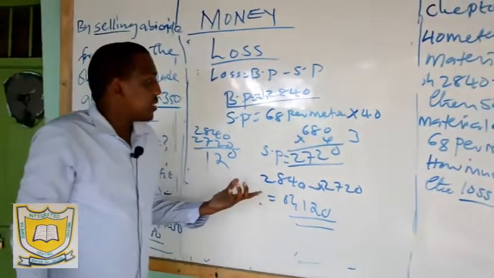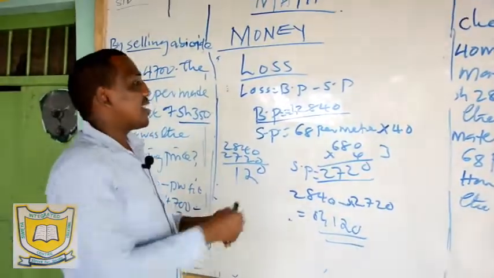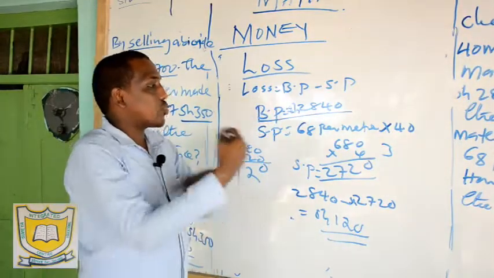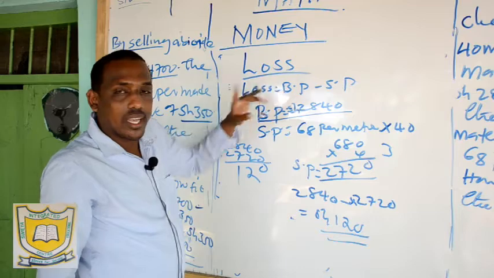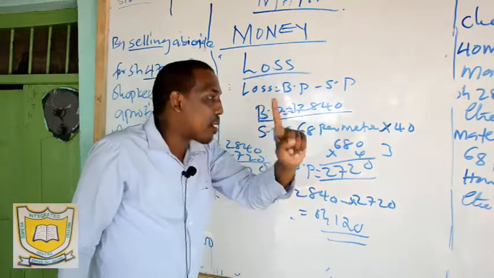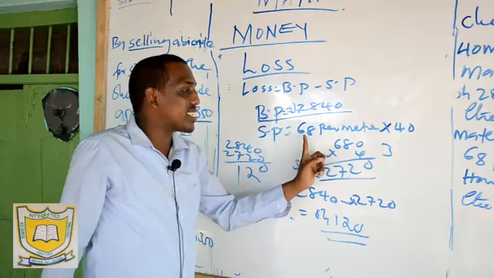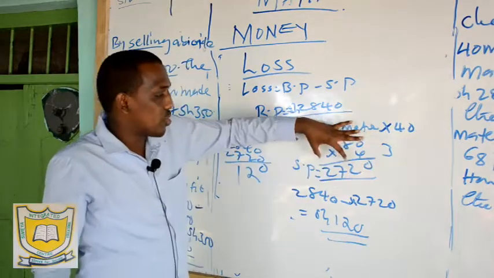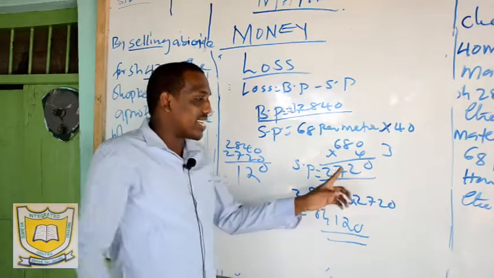Because initially this person bought 40 meters at shillings 28.40. Later on he tried to sell it, and he sold those materials at shillings 68 per meter. Per meter means every meter. So 68 times 40, they were 68 shillings and 40 meters, you get 27.20. After selling, the money has reduced.